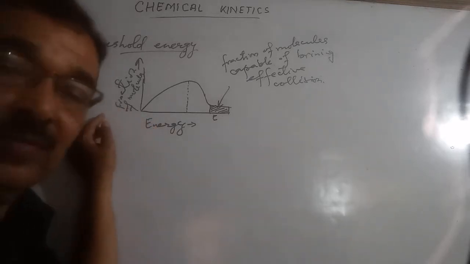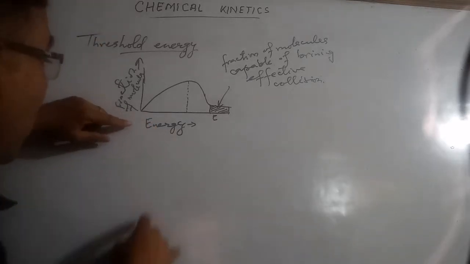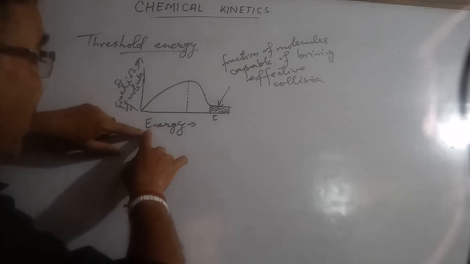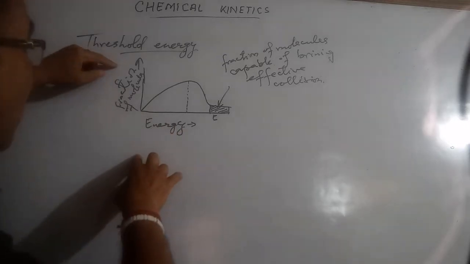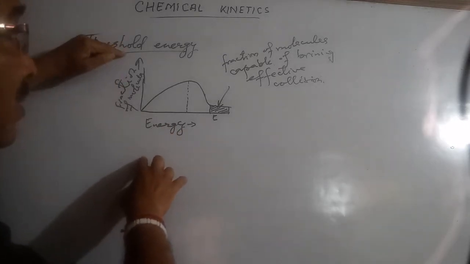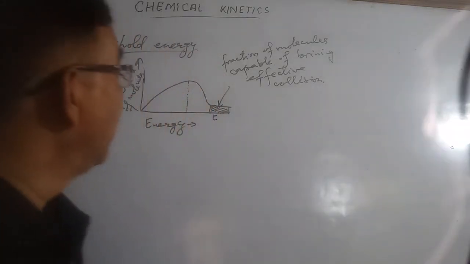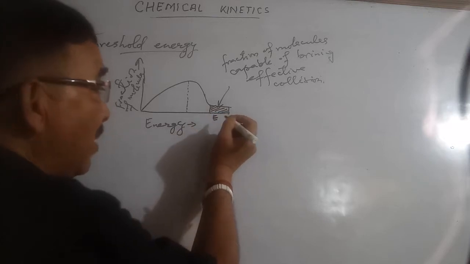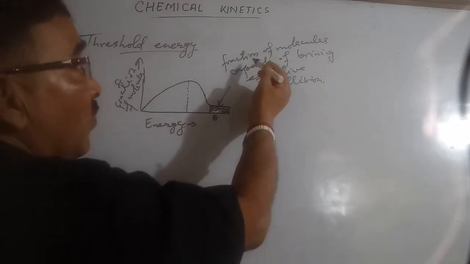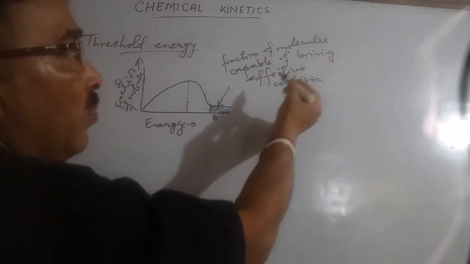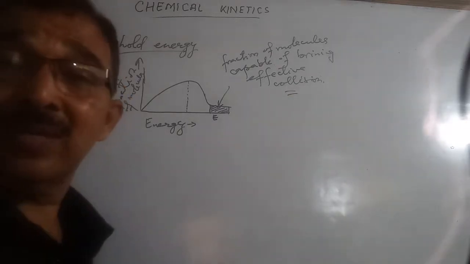In this graph, it is plotted against energy and the fraction of molecules. This shaded region, which is symbolized by E, is the fraction of molecules capable of bringing effective collision.